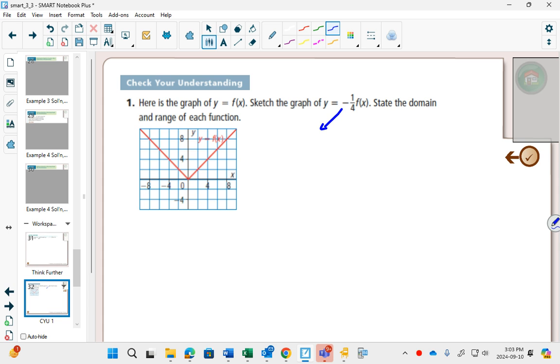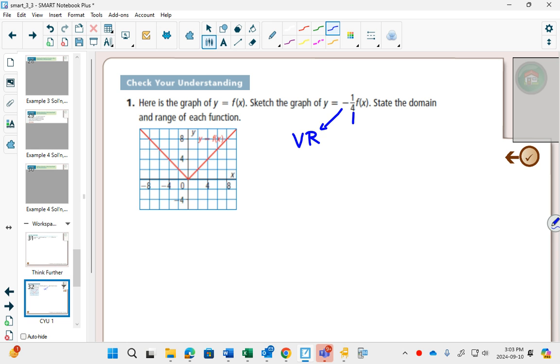So one of the things that we're going to do is we're going to start labeling things that we see. I see a negative and a 1/4, and I see that they're both outside of the function. So I'm going to use V for vertical, and R for reflection. So that negative is a vertical reflection.